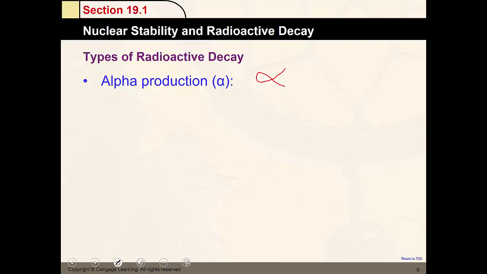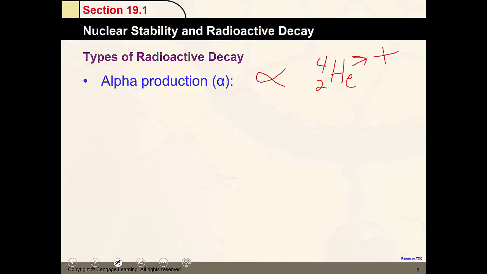Or an alpha particle is a helium nucleus. So we write out helium. It has a mass number of 4 and an atomic number of 2. And remember, we already talked about this with Rutherford's experiment. The alpha particle is positively charged.